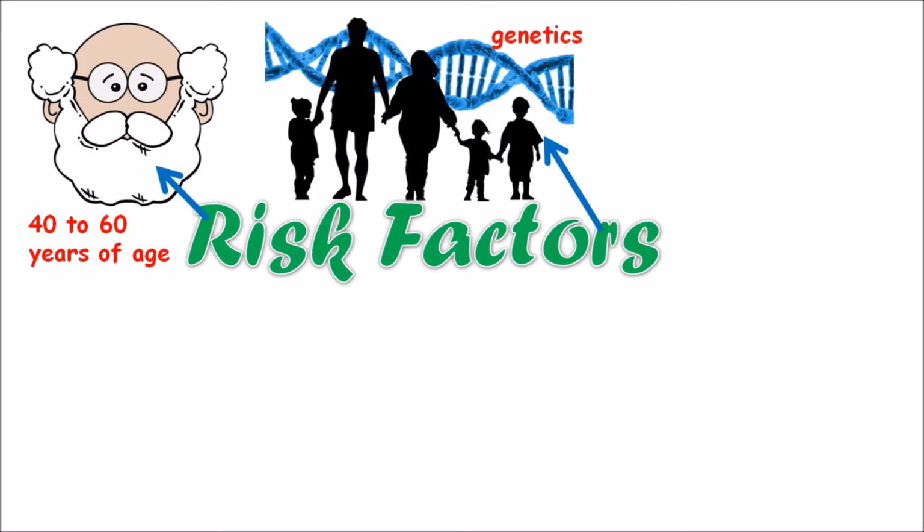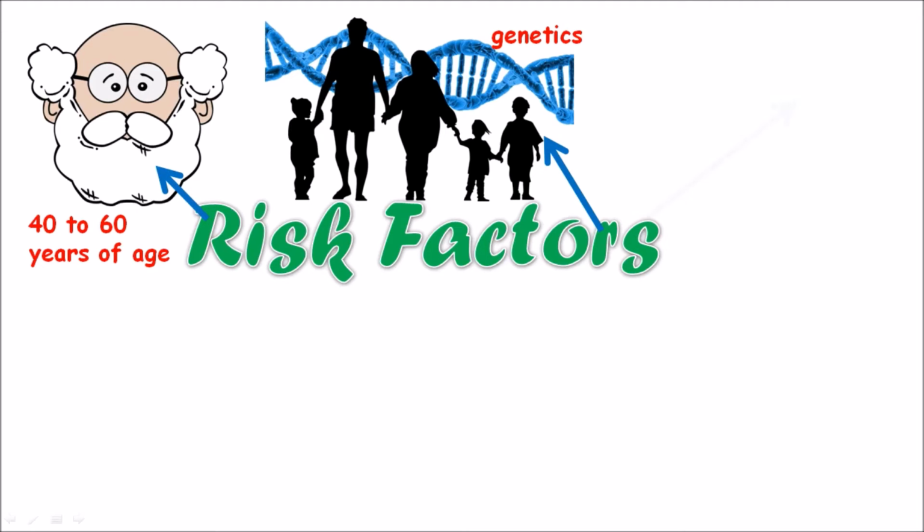Some individuals have a genetic predisposition to atherosclerosis, and this may be due to some metabolic abnormalities due to which there is hypercholesterolemia or increased cholesterol in the blood, or there may be some other disease, like diabetes, and this may ultimately complicate the atherosclerosis.